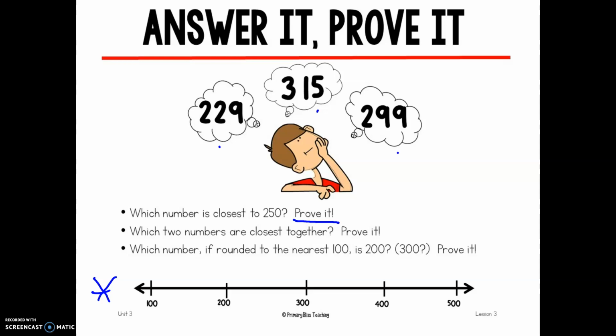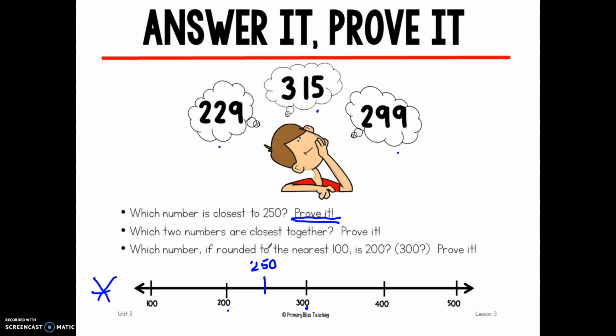I think it's closer to 200. Oh, it says which one is closest to 250. I'm sorry. 250. I think 229 is closer to 250. But I have to prove it. So here's 200. There's 300. And if I put a tick line here in the middle, that's going to be about 250.